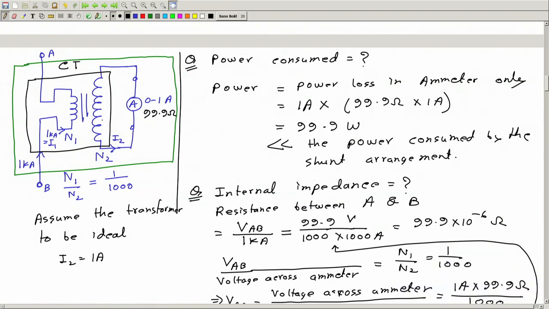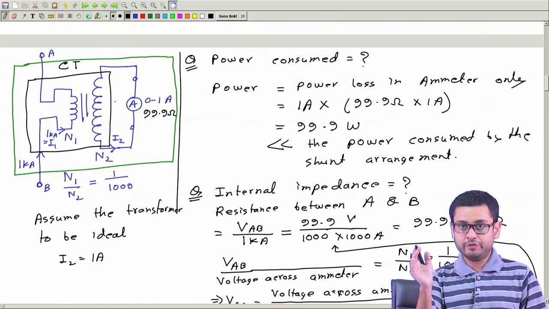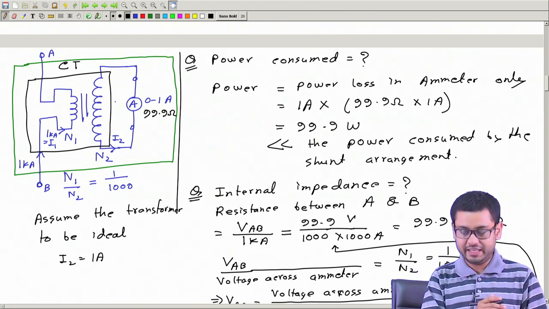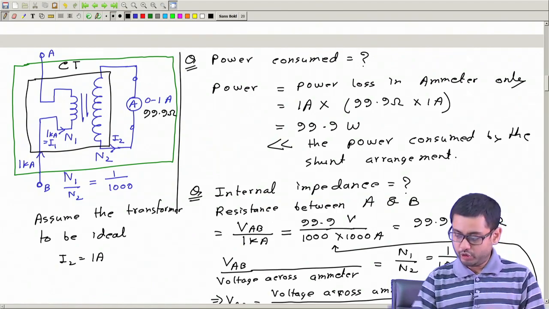and you can actually connect such relays, such circuit breakers also across the secondary of this current transformer. Not just meters which give you indication with pointer how much the current is, but also protective instruments.